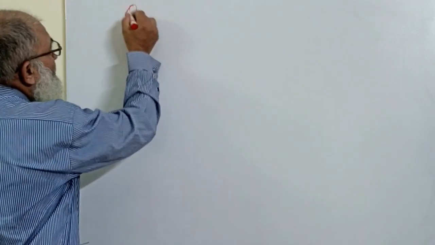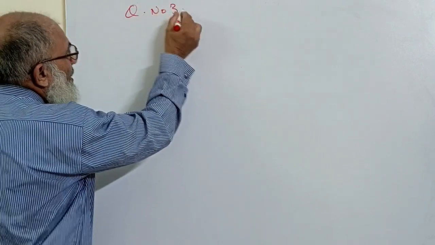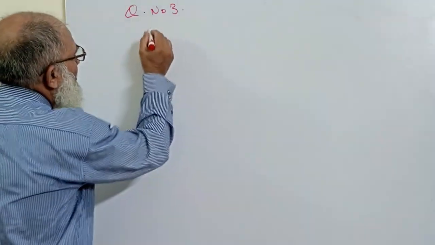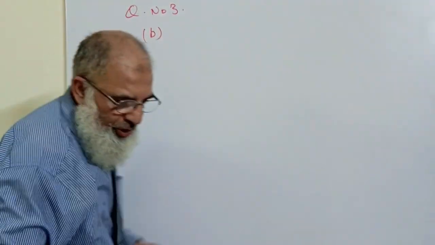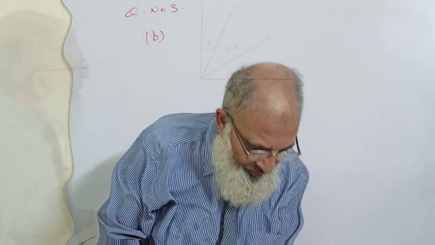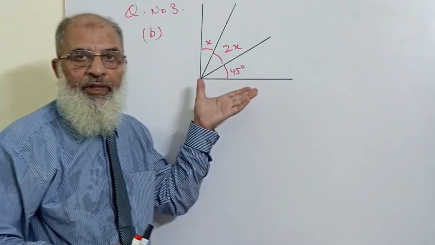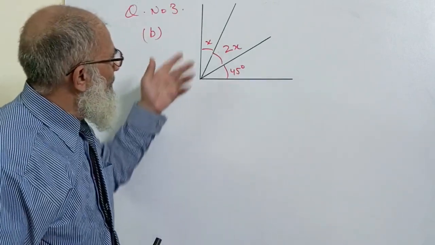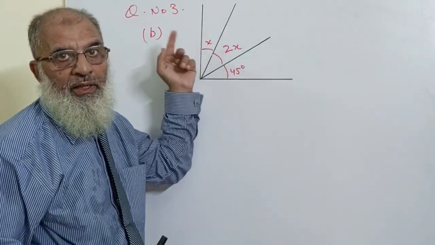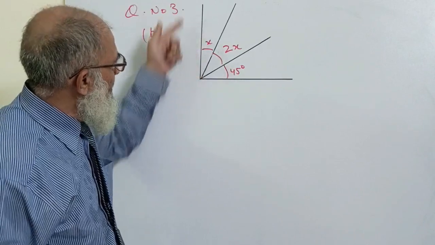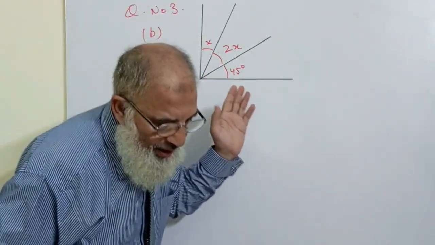Question number 3, and we'll be doing part B, because part B is more interesting than part A. Now dear students, look at the diagram very carefully, and we have to find x over here. There are some angles given.